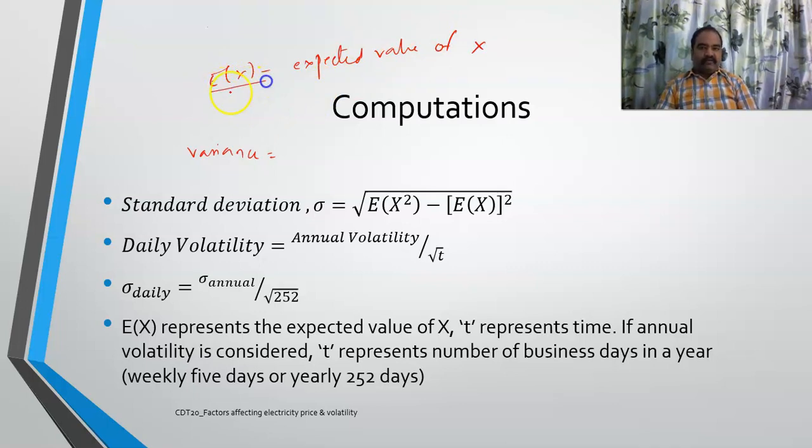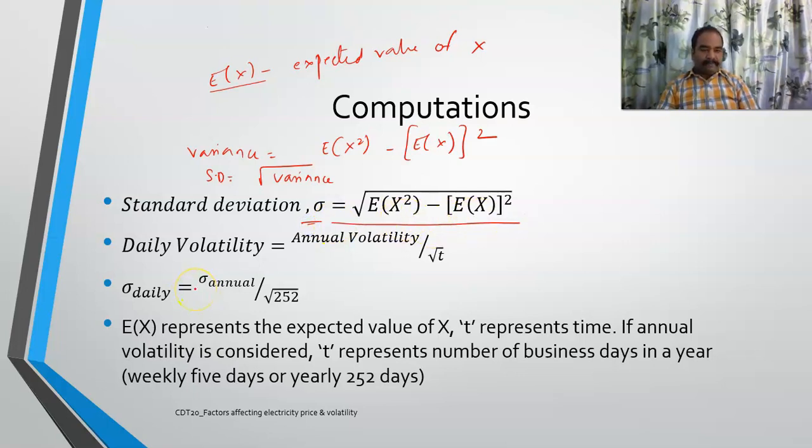So the expected value of electricity price is called E of electricity price. Now, variance is nothing but E of x square minus E of x whole square. If I apply square root to this, I'll get the standard deviation represented by this symbol, square root of E of x square minus E of x whole square.